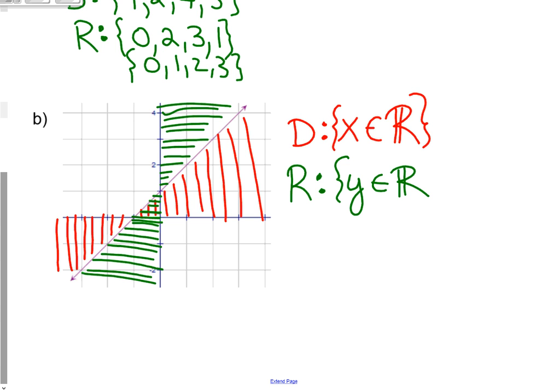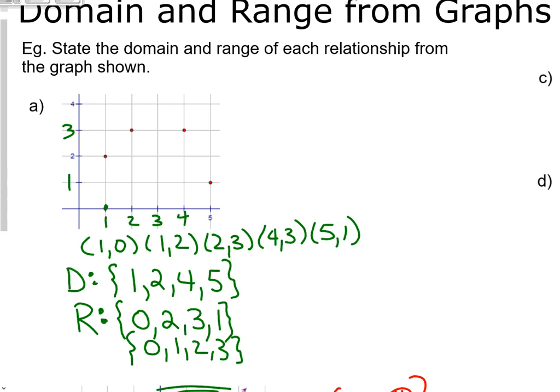So y is an element of the real number system, which simply just means that we can have any output. We can figure out any number this line would touch, would give me any output I wanted. Okay, so there's no restriction on our inputs. There's no restriction on our outputs, which means our domain is x is any real number, but our range is also y is any real number.